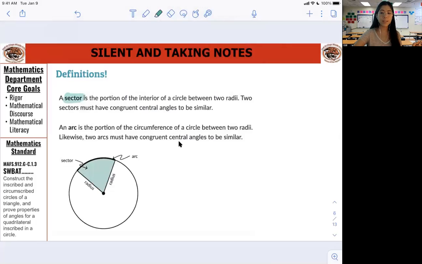You have 5 seconds. I'm going to kick you out. 5. Oh, Rios is here. Samaj, are you here? 5, 4, 3, 2, 1. Goodbye. Rios, please go ahead and read the definition of a sector.